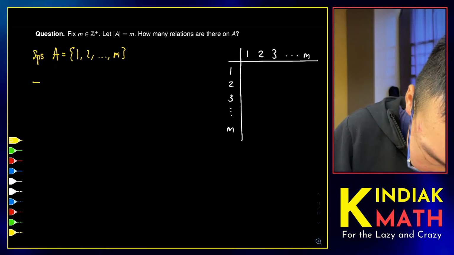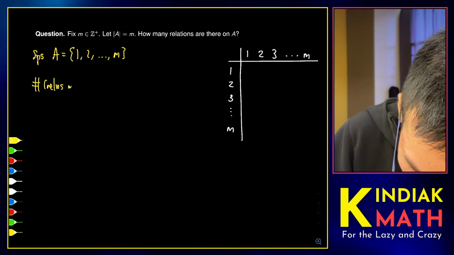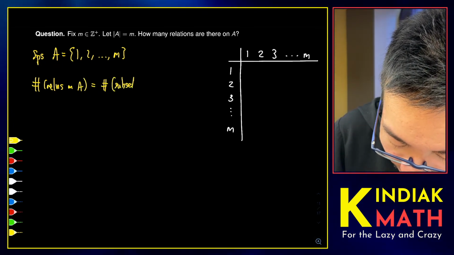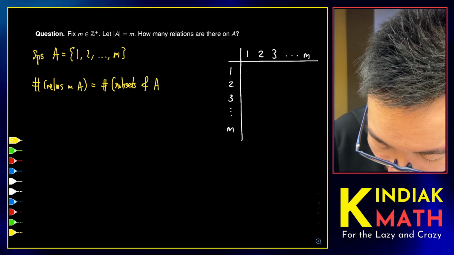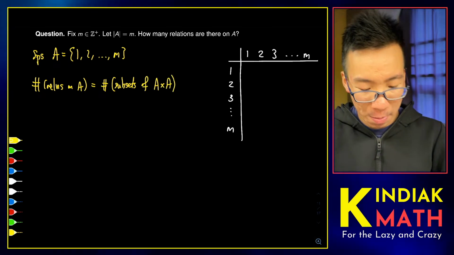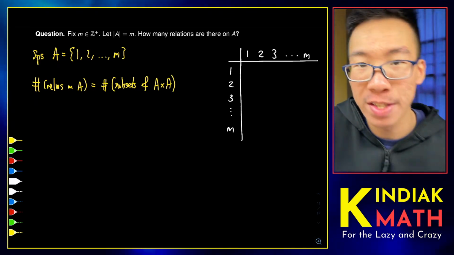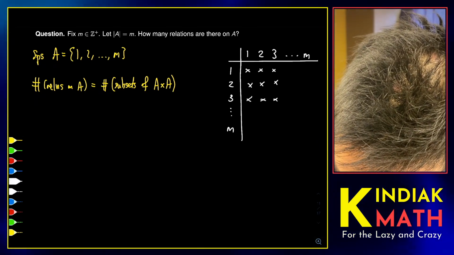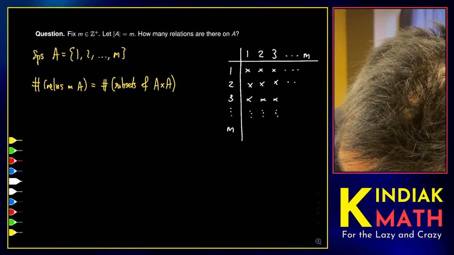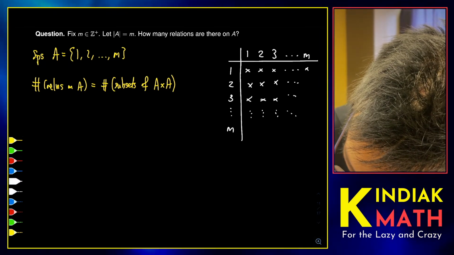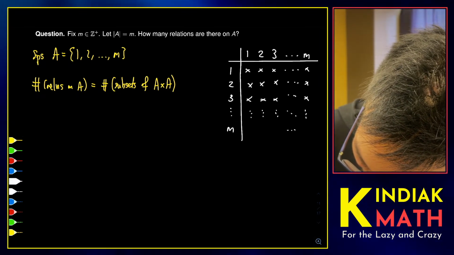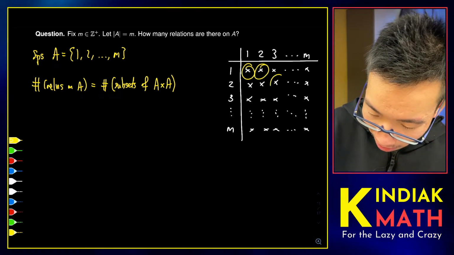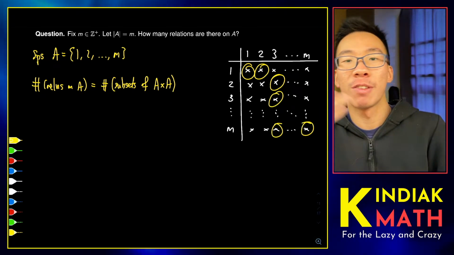Well, once again, the number of relations on A equals the number of subsets of A cross A. In other words, how many subsets can we form from all these different options? For example, if I have all these different options, and I choose maybe a bunch of them, I don't know which ones, this gives me a relation.